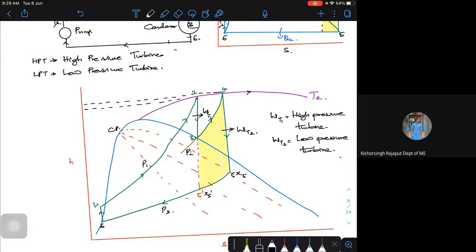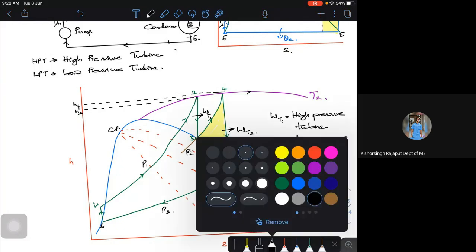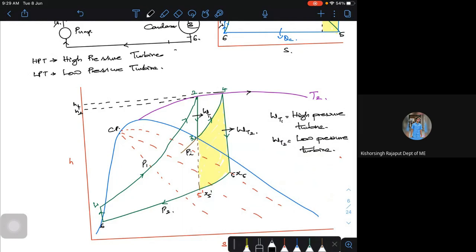This is for H2, and this is for H4. I could see an advantage there. Because of reheating, the H4 is slightly higher than your H2. You can observe that very closely because of the curvature of your superheated temperature.